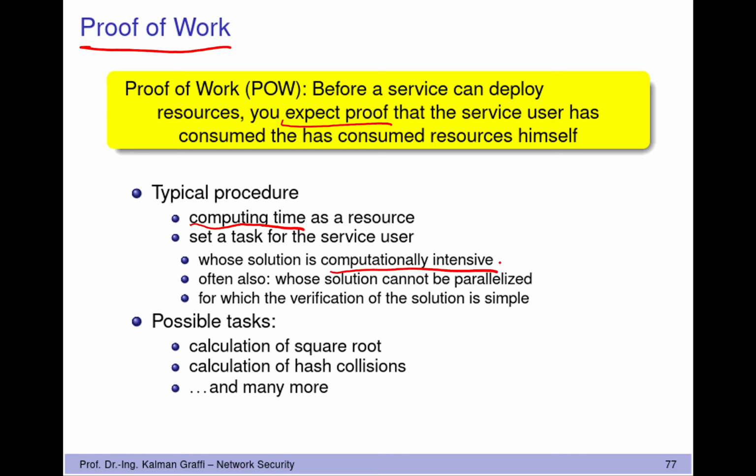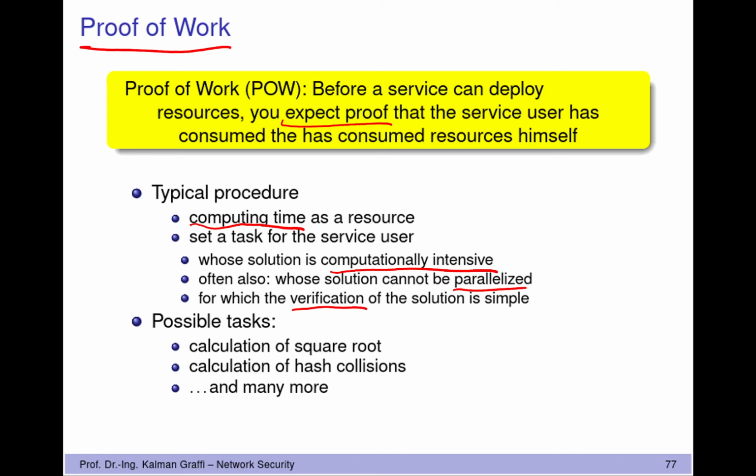So maybe not time, but it still requires effort and energy to resolve it. Something that cannot be parallelized, so that you cannot use the power of bots, so that you just introduce some kind of mathematical problem that is difficult to compute, but easy to verify. So for you, if you get that proof, then it should be easy to verify that it's correct.